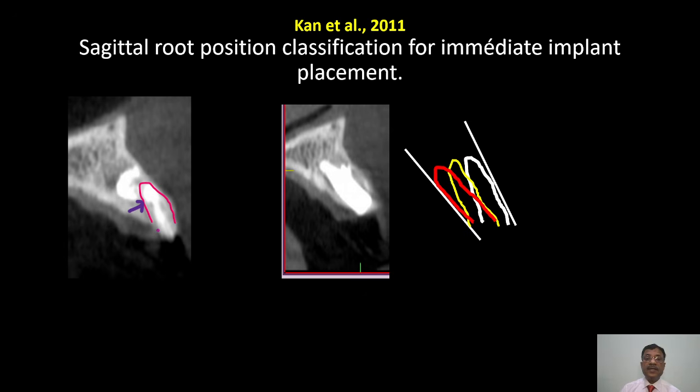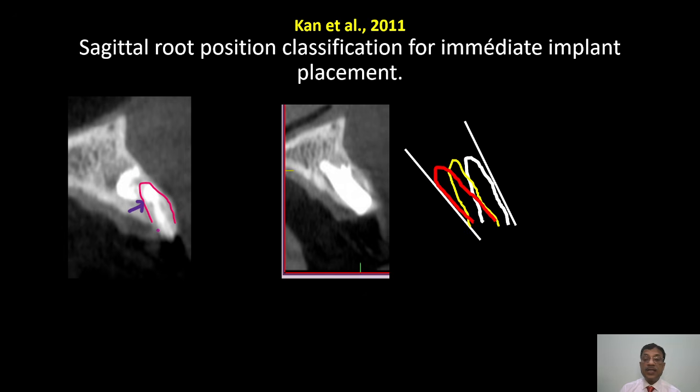The next thing is the angulation of the tooth in the sagittal plane. Here we can see that the tooth is kissing the labial cortical plate. By God's grace, in 80 to 81% of cases, the labial cortical plate is touched by the root of the tooth. This is a favorable condition, so that if the implant is placed, we can have at least some freedom to place it more palatally.